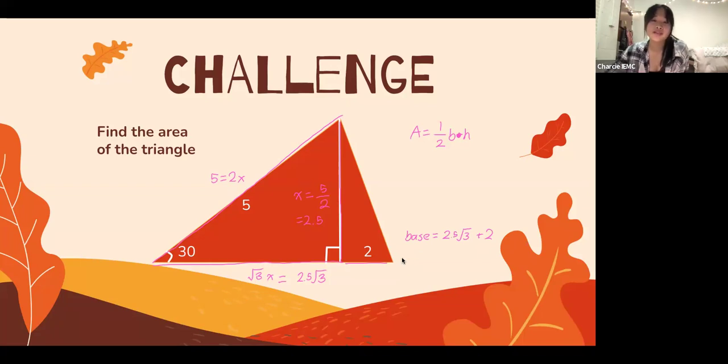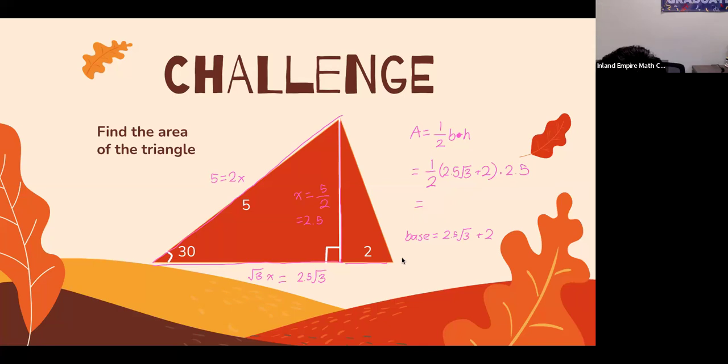And we know that to find the area of a triangle, that's going to be 1/2 base times height. So we found the height, and that's 5/2. And we found the base, which is 2.5 times root 3 plus 2. Yeah, this might be a bit hard to do. Let's see. We can do 1.25.